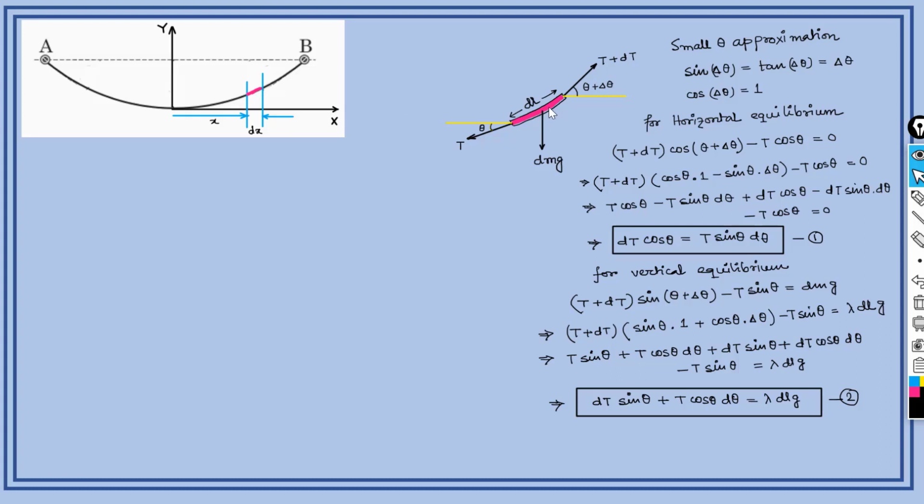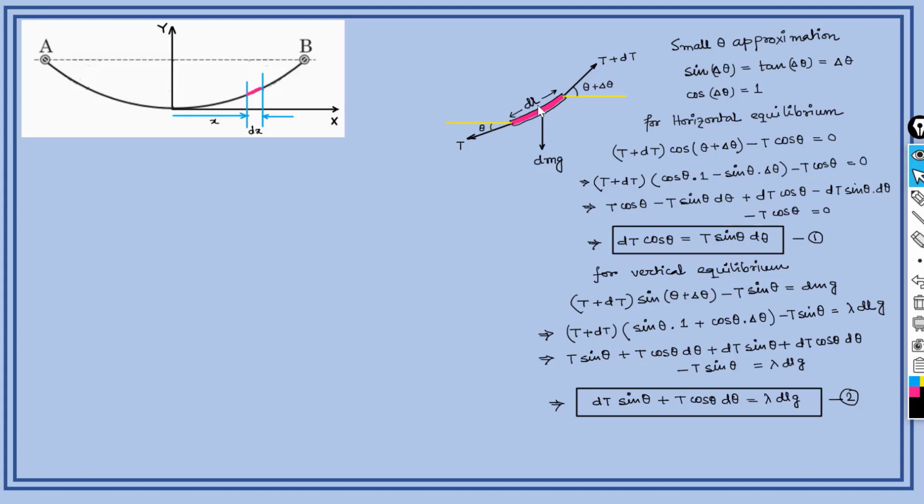Now I want to analyze the forces acting on this small segment. As you can see, I have marked this force as tension acting away from this small element, and this force is T plus dT. We know that in a massless and frictionless rope the tension remains the same, but here the rope has a mass, and that is why I have changed the tension slightly.